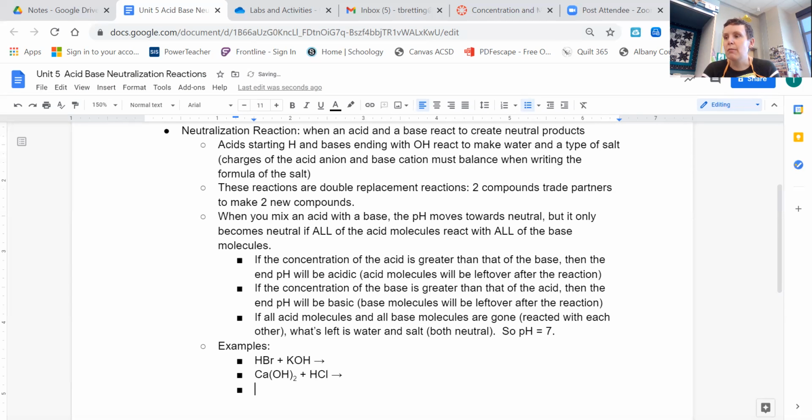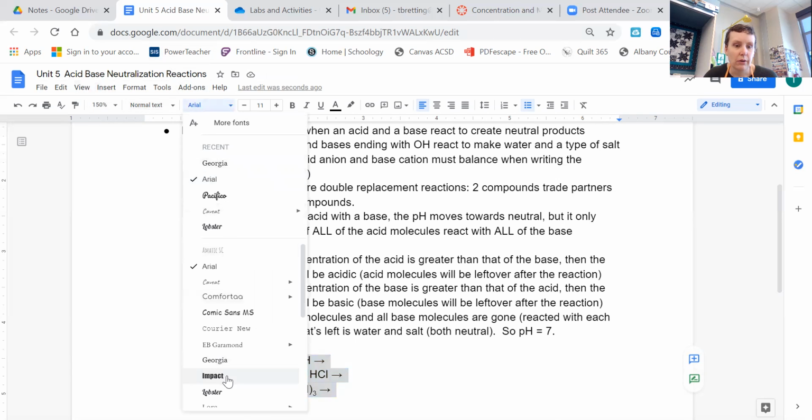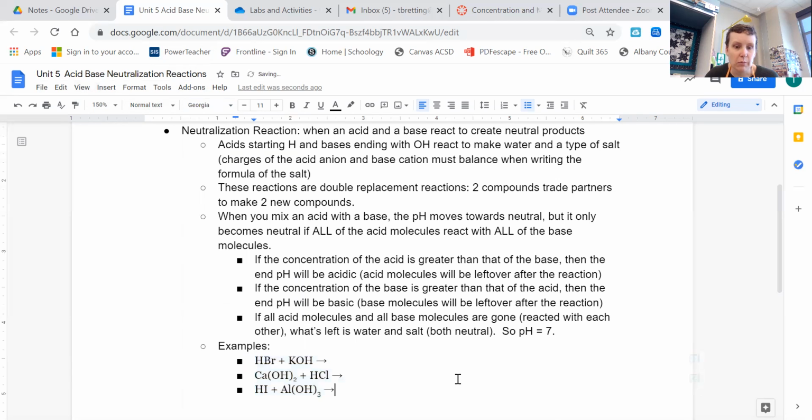And then a third example is HI, so that one's an I, plus Al(OH)3. And we're going to do that one as well. So I'm going to just change the fonts on these because it's hard to tell our L's from our I's. I don't know if that's much better, but there we go.